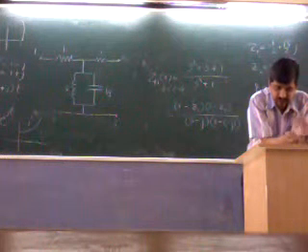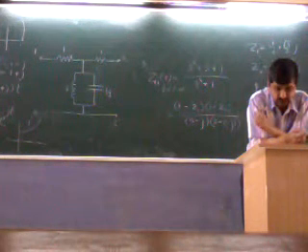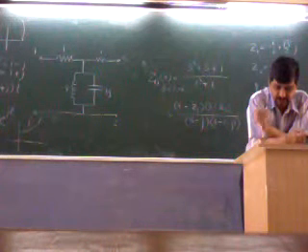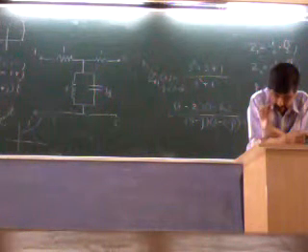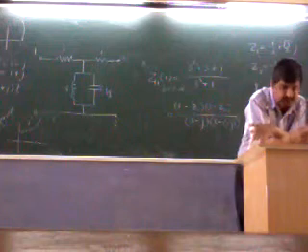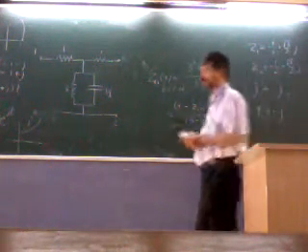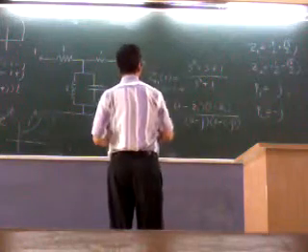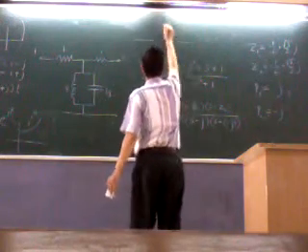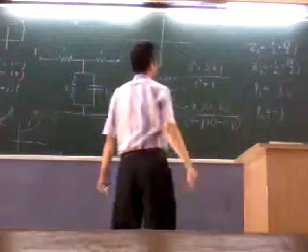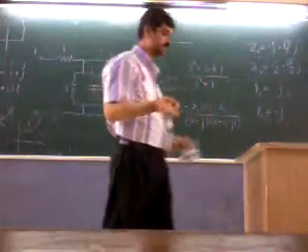Then this particular circuit has zeros at 2 points, and we will observe that the zeros as well as the poles are complex conjugates. Both are complex conjugates.